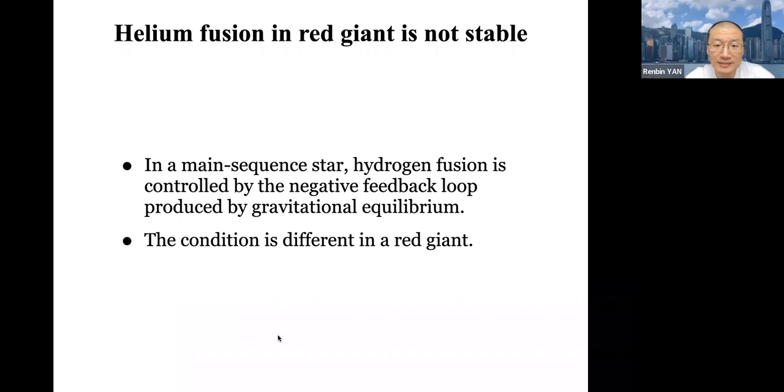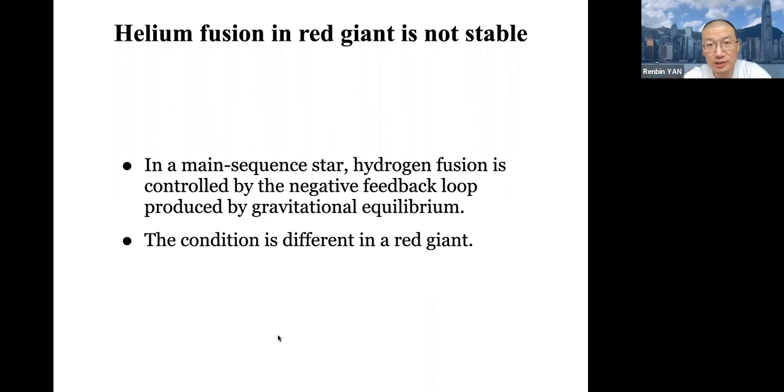And why is that? Because helium has higher charge, right? Each helium nucleus has two charges, so if you want to fuse them together, you have to push the two helium nuclei towards each other, and you have to overcome the electric repulsive force between them. But because each helium nucleus has two positive charges, the force pushing them apart from each other is 4 times higher than for two hydrogen nuclei.